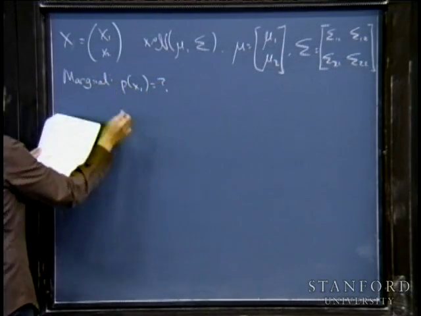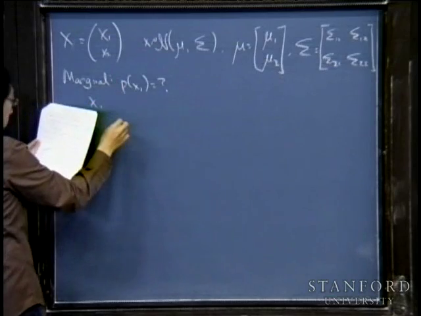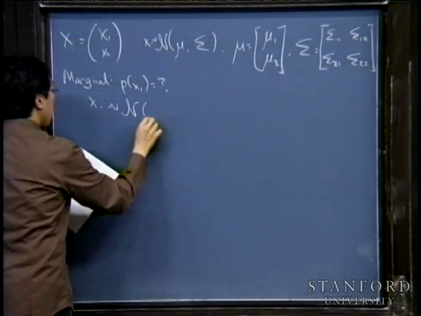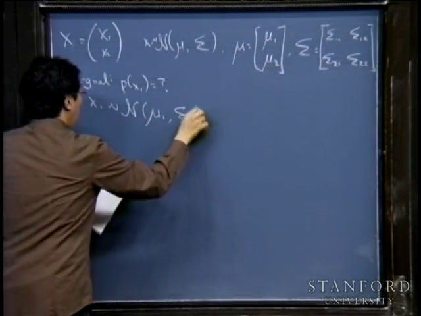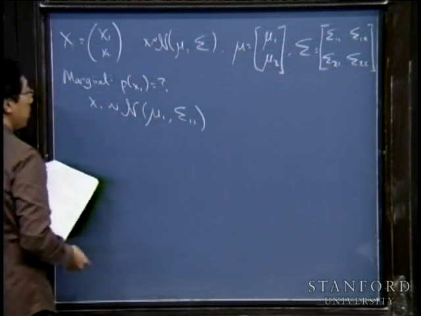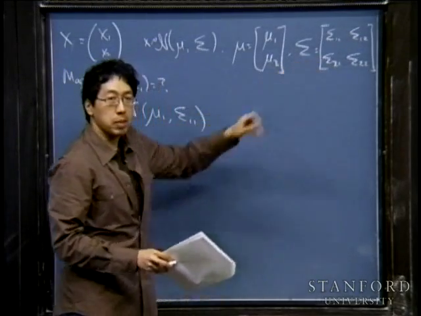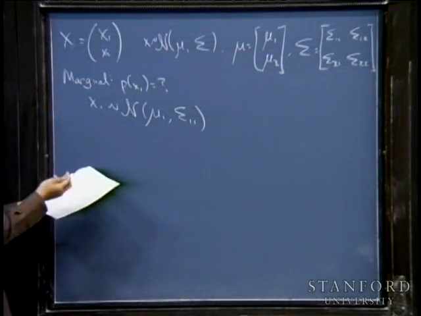And the answer we said last time was that the marginal distribution of x1 is Gaussian with mean mu 1 and covariance sigma 1,1, where sigma 1,1 is the upper left block of that covariance matrix sigma. So this one is no surprise.